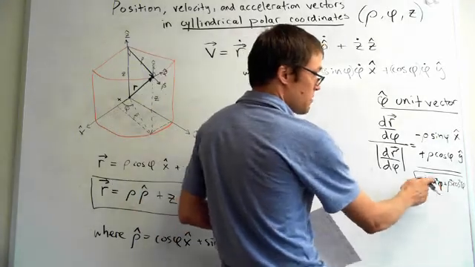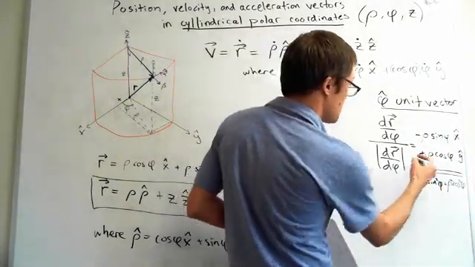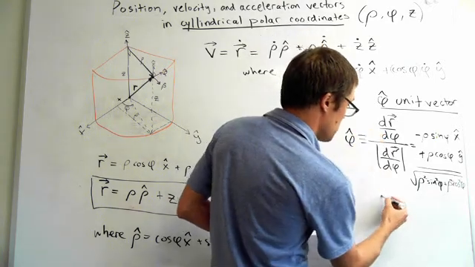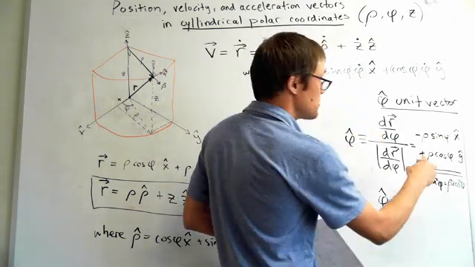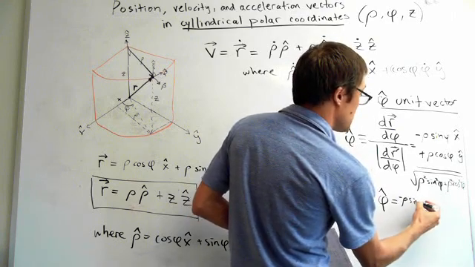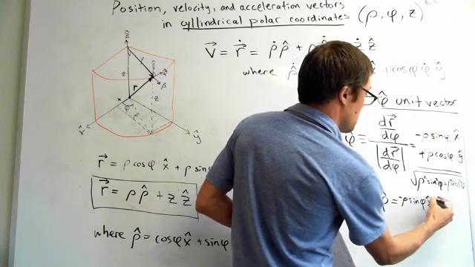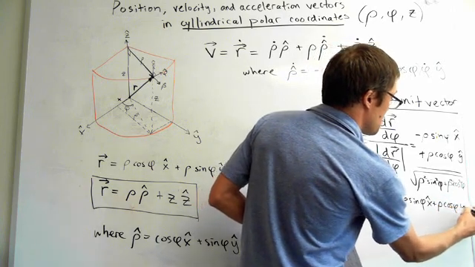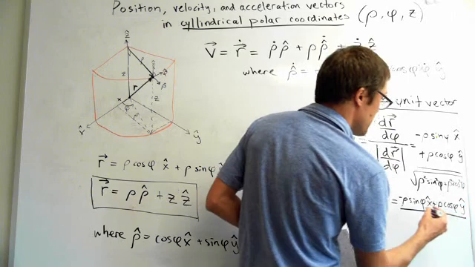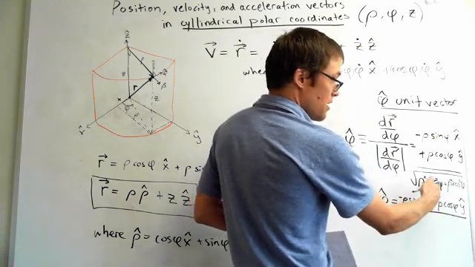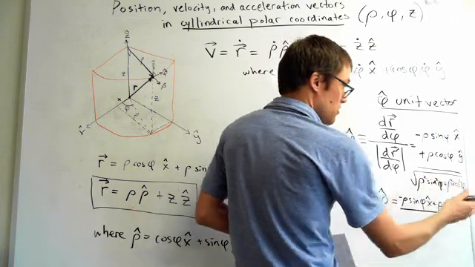If you factor out a rho squared, and remember this is phi hat by definition, so our phi hat is equal to, divided by, we factor out a rho squared, and then sine squared plus cos squared is 1.